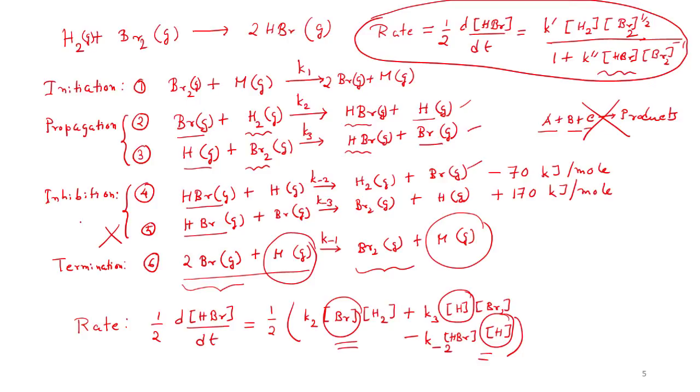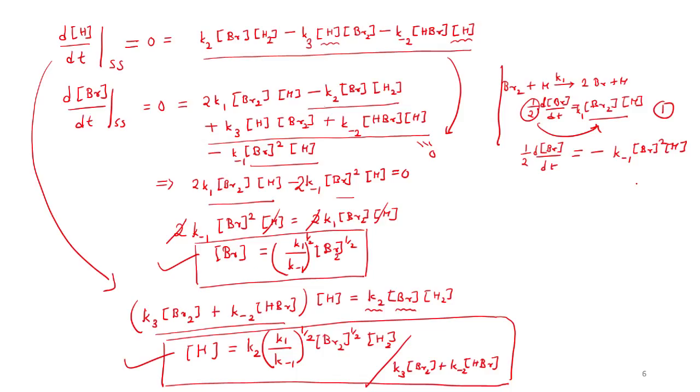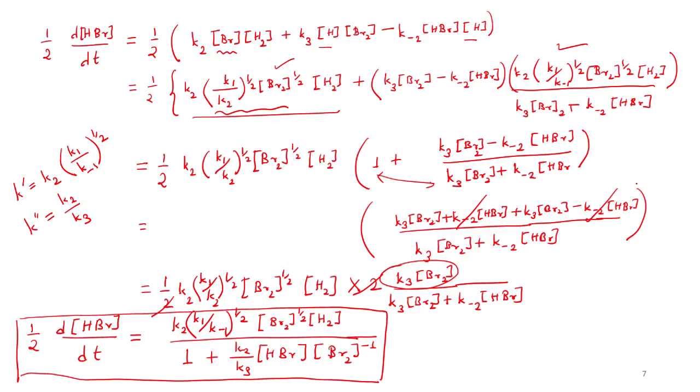And also the nice analogy that we had developed throughout, using also the fact that this is an endothermic reaction, so this elementary step we discarded. Finally, by going through all this exercise, we discovered that the reaction follows the observed rate law, and not only that, the rate constants also can be recovered.